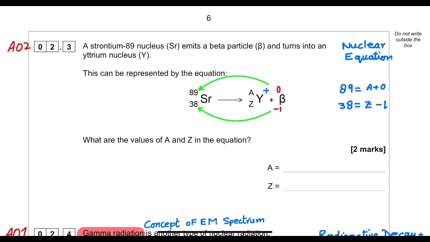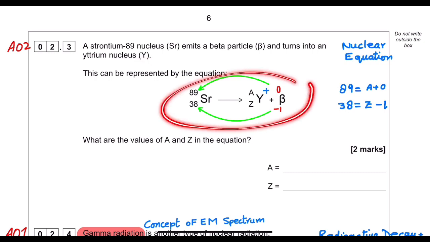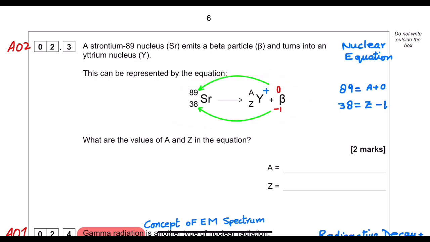A strontium-89 nucleus emits a beta particle and turns into a yttrium nucleus, Y, and the nuclear equation is given here. The yttrium nucleus is on the right side with a beta particle, and the strontium nucleus is mentioned on the left side.